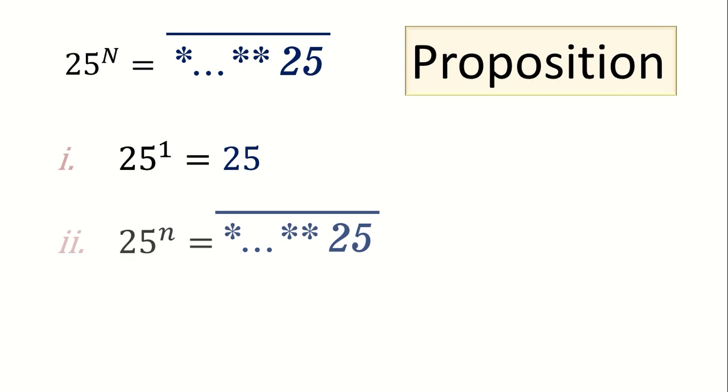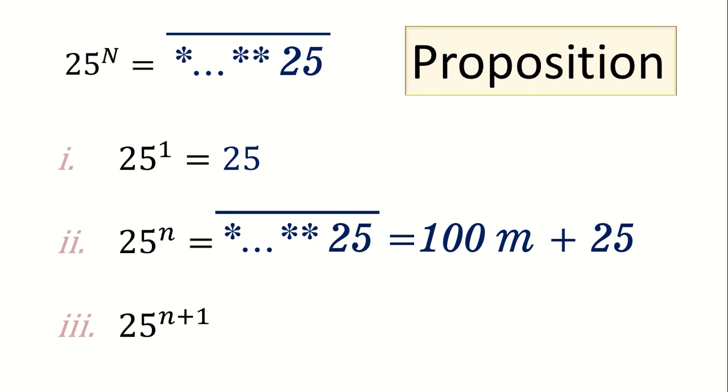For the second condition, if 25 to the power of n has 25 as its two rightmost digits, we want to show that 25 to the power of n plus 1 also has 25 as its two rightmost digits. So 25 to the power of n can be written as 100m plus 25.